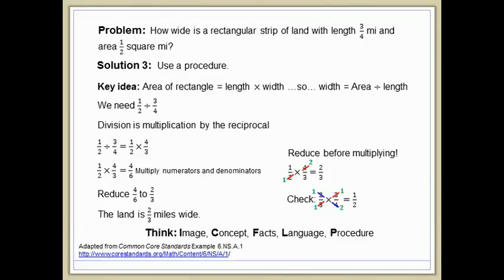So again, procedures come after solidification of the concepts through images and models. However, they are what you want to get to at the end because they're very efficient and they can really move through calculations quickly.